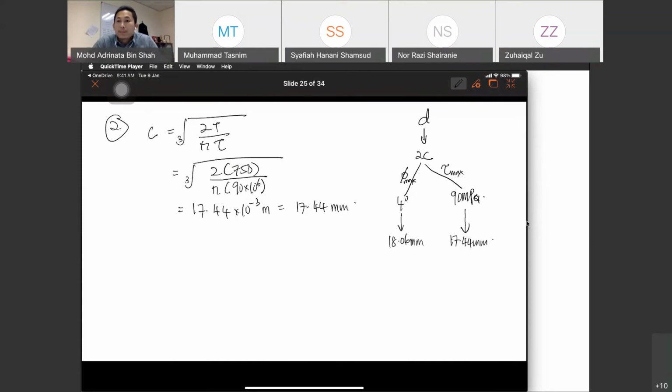Ada jawapan? Kenapa kena ambil yang lagi besar? Kenapa tak ambil 17?